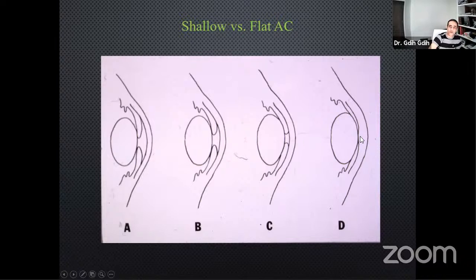And stage number 4 where you have lenticulo-corneal touch. This one is the most serious, where you have to intervene.